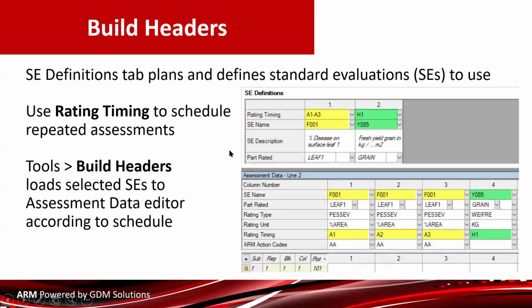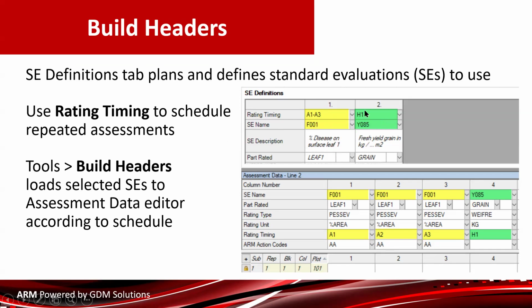And you can take it even one step farther and create a schedule of those assessments. So if you use rating timings, it's basically creating an application code for an assessment. And so you can schedule out if an assessment will be done several different times. In this case, there's 3 different times. I would go out and do that percent disease, and then the yield would be at the end.